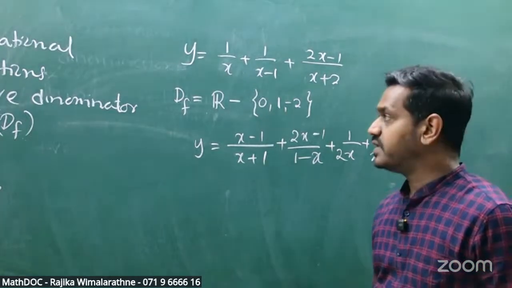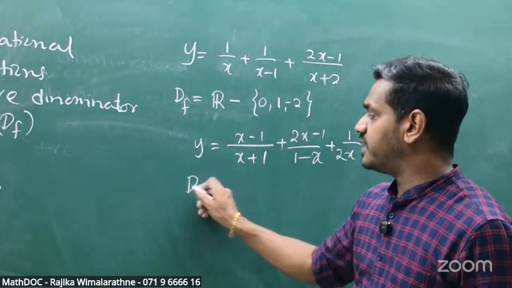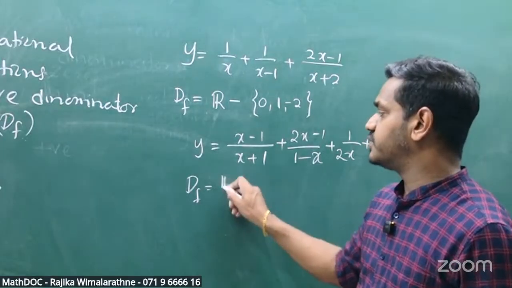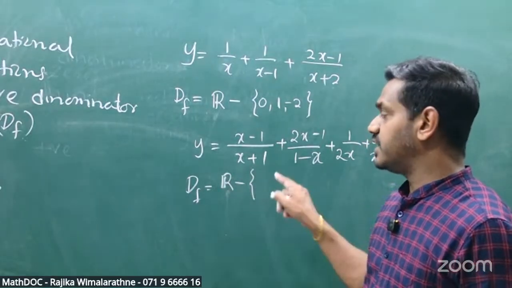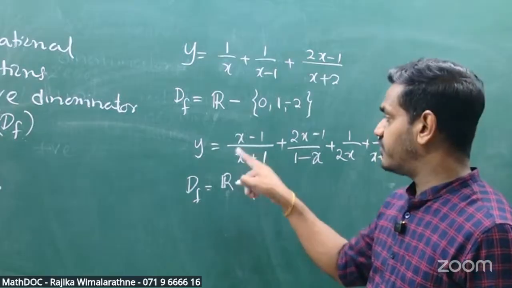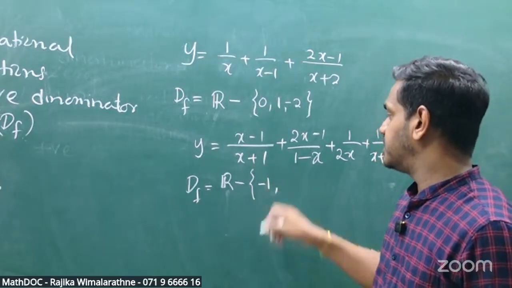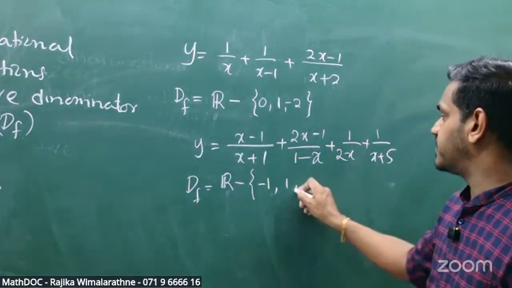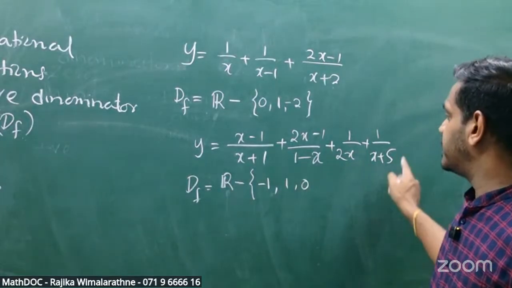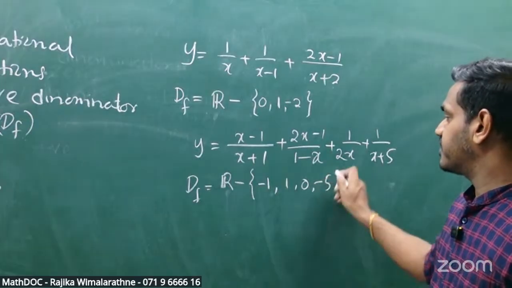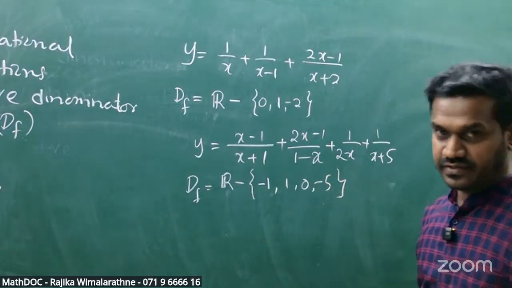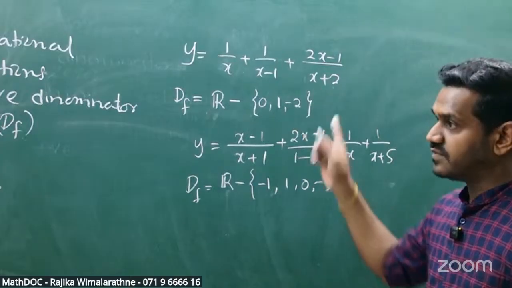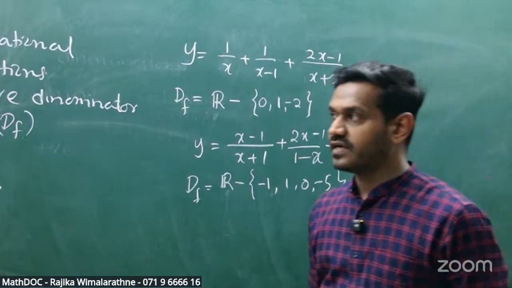Therefore, when finding the domain, first you select the real set, then you remove denominator zeros. Here we have denominator zero minus 1, here 1, here 0, and here minus 5. Then you have to remove all denominator zeros. Okay, write those examples again. If you are in trouble, let me know.